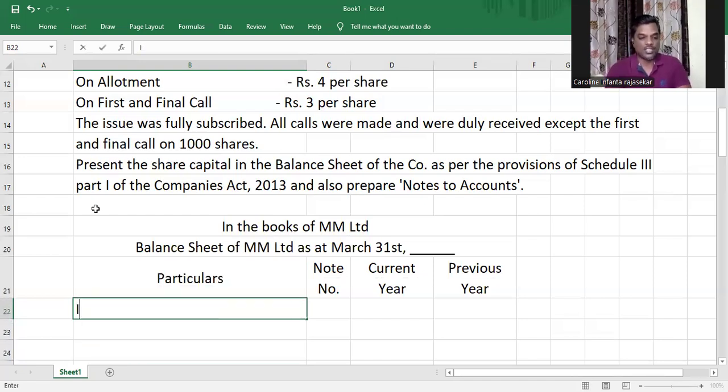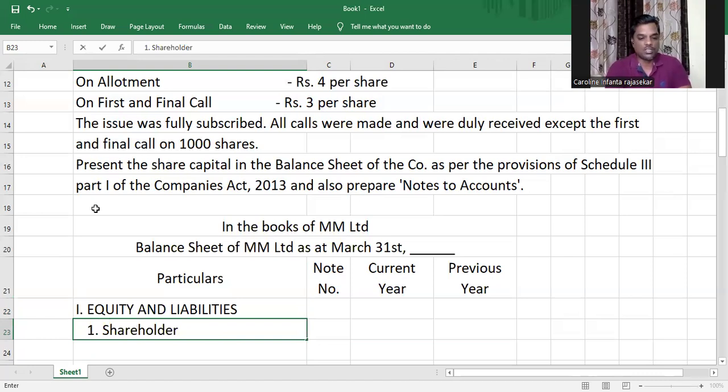In the balance sheet, the first thing would be equity and liabilities. Under equity and liabilities, you have shareholders funds, and under that you have share capital. Okay.